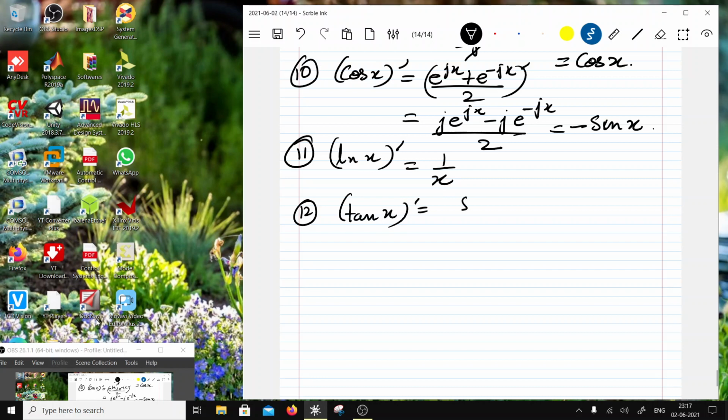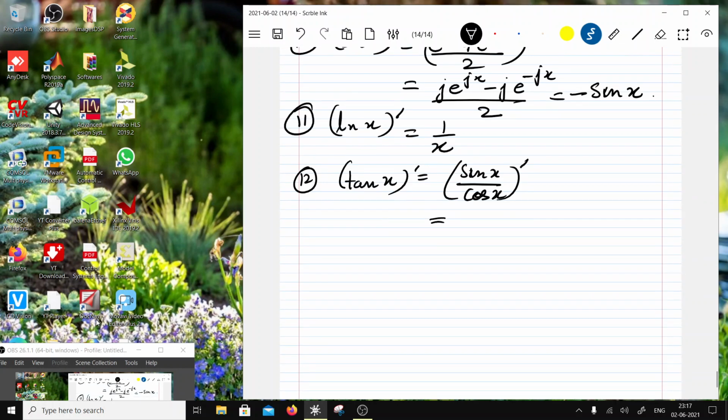So this can be written as sine of x by cos of x derivative. So then let's say cos x equal to z. So in this case minus sine x dx equal to dz.